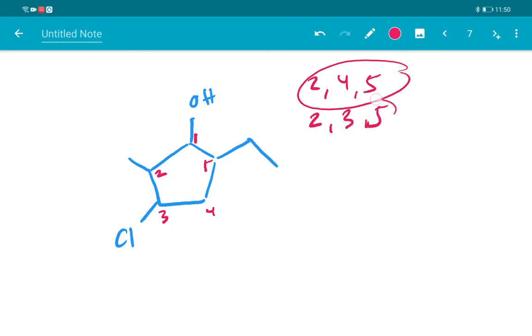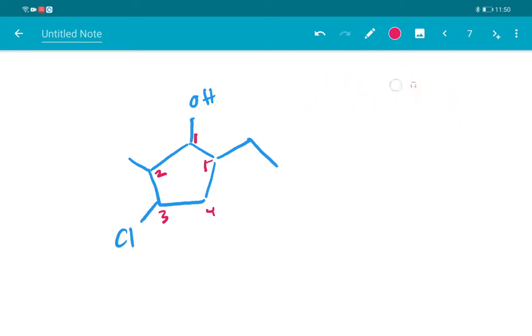Antara kedua nombor ini, okay, we notice that the 2, 3, 5 is a lower combination. That's why we're going to choose this numbering anti-clockwise. Kita tidak akan pakai yang atas ni, kita tidak akan pakai.